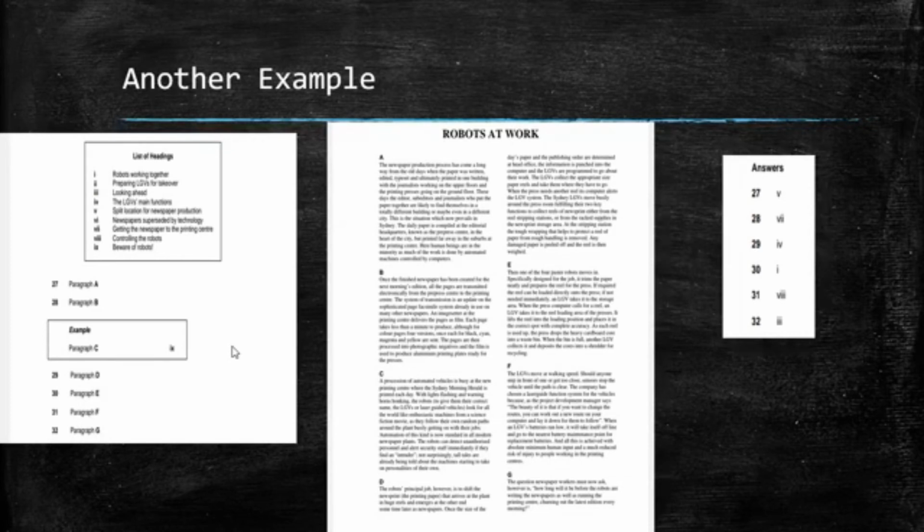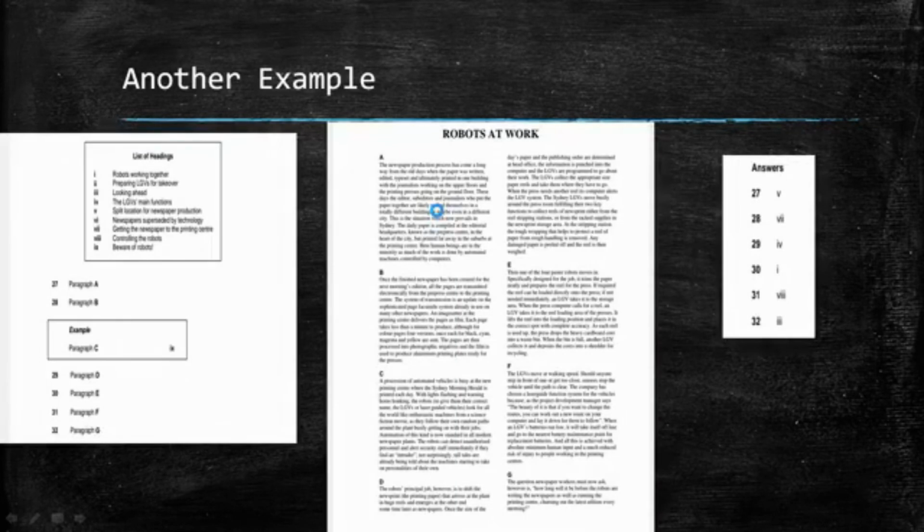What you are supposed to do, you need to read each paragraph one by one, and you need to look for the suitable heading. Let me solve one for you, because the font size is quite small, so you may not be able to see it as properly as it should be. So let me have a look if I can do something here.